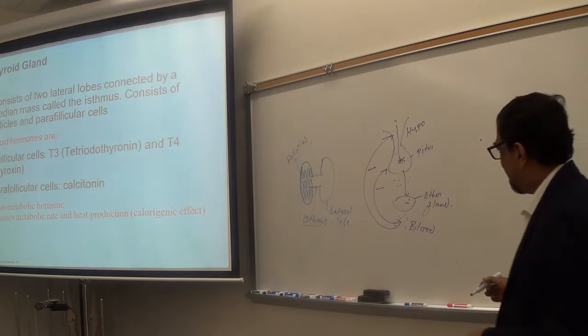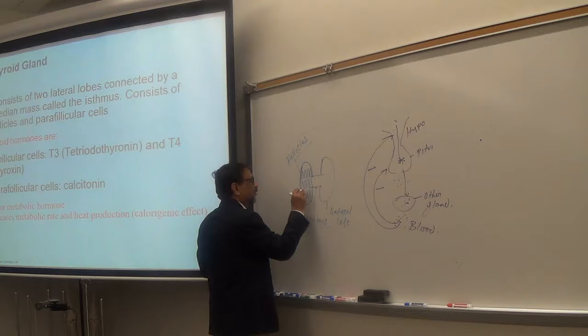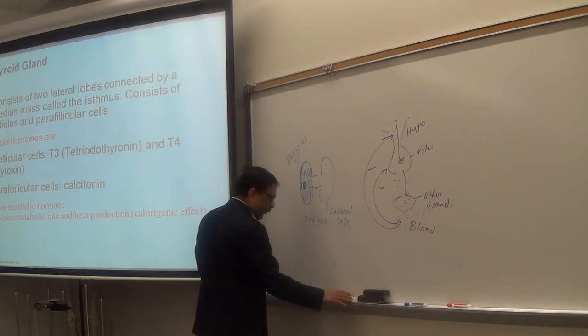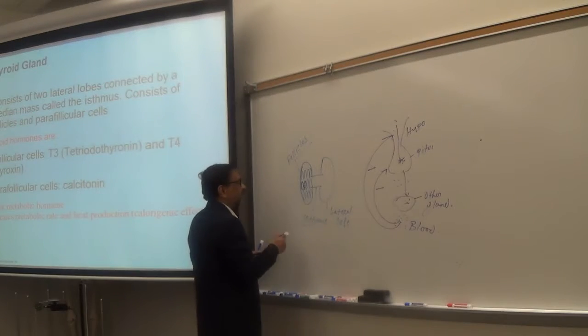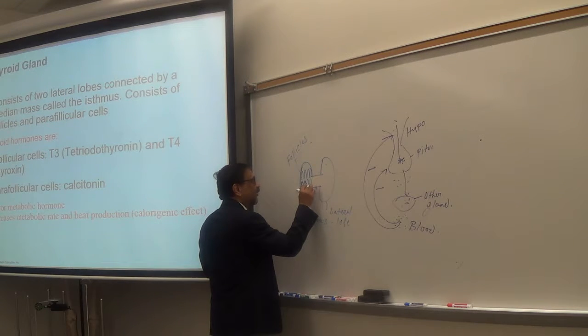And in the wall of the follicle, you have the cells. These are called the follicular cells. Makes sense? Follicles have follicular cells in their wall. And in between the follicles, in these spaces, you have another type of cells.